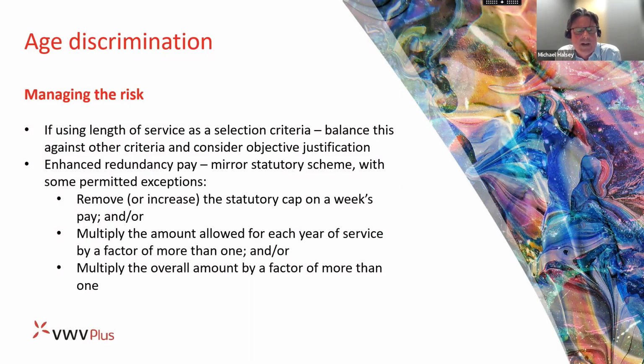And in respect of enhanced redundancy pay, mirror the statutory scheme with some permitted exemptions, and they're listed there helpfully. Or alternatively, if your scheme falls outside of that regime, think about the basis on which that can be justified as a legitimate aim and a proportionate means of achieving that aim.